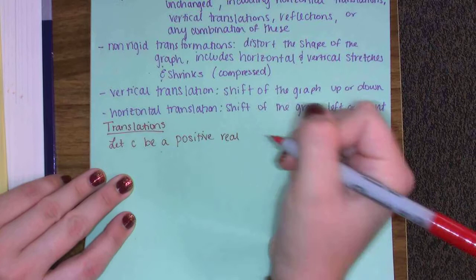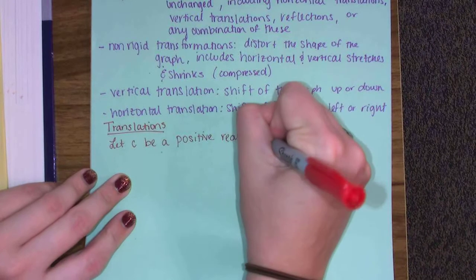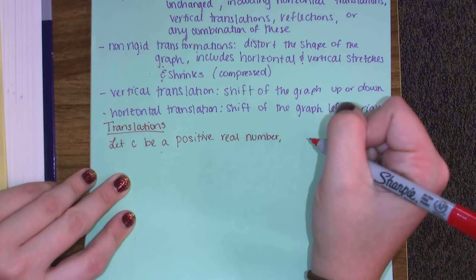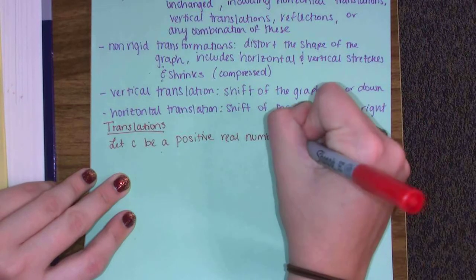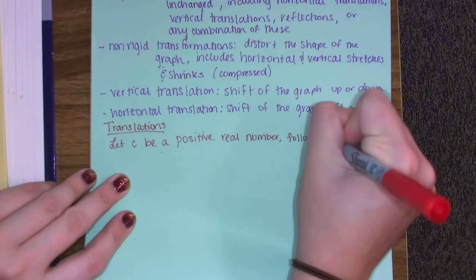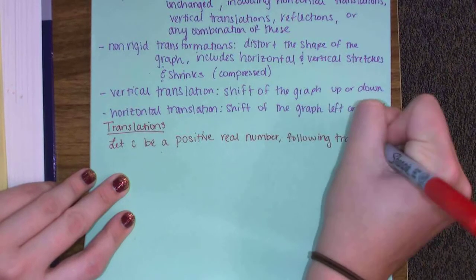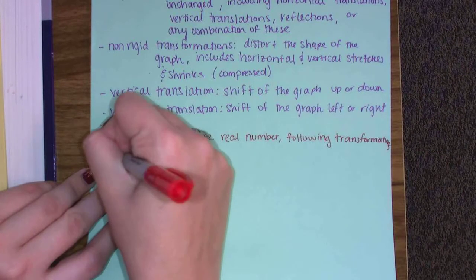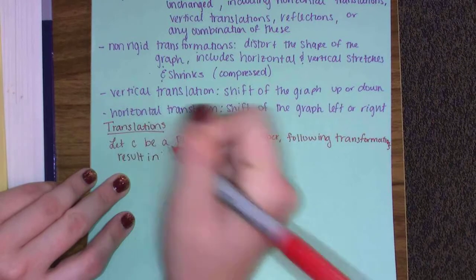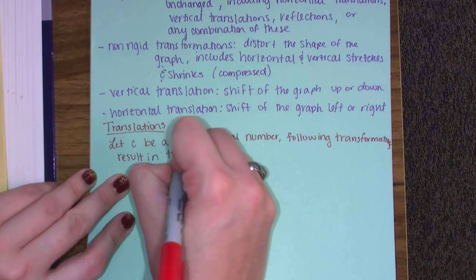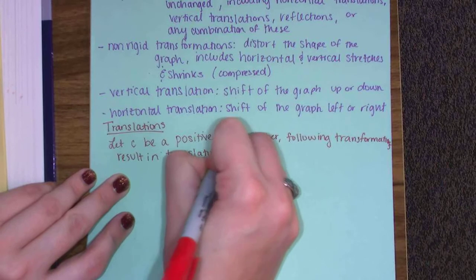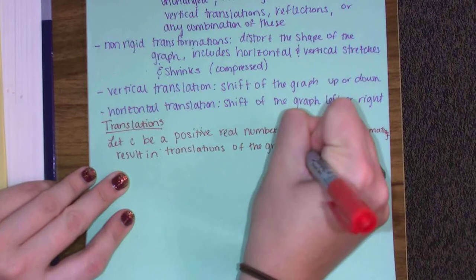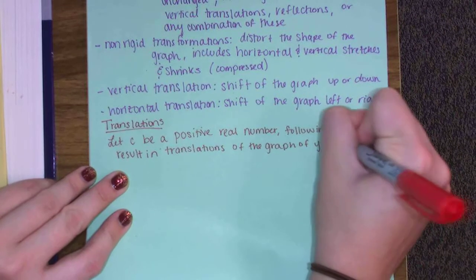The following transformations result in translations of the graph of y equals f of x.